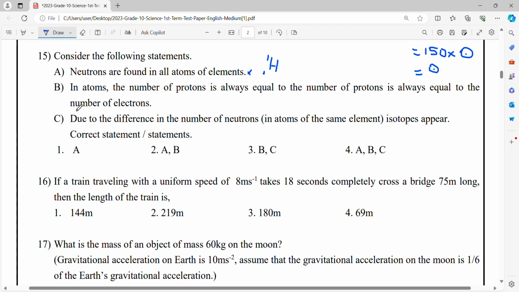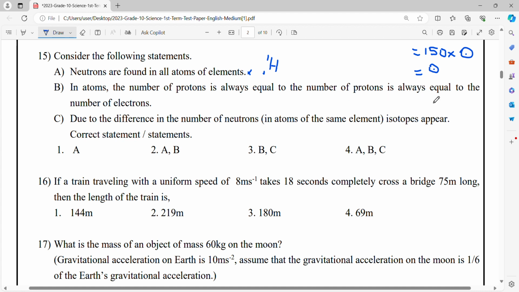Statement B: in atoms, not ions, the number of protons is always equal to the number of electrons.